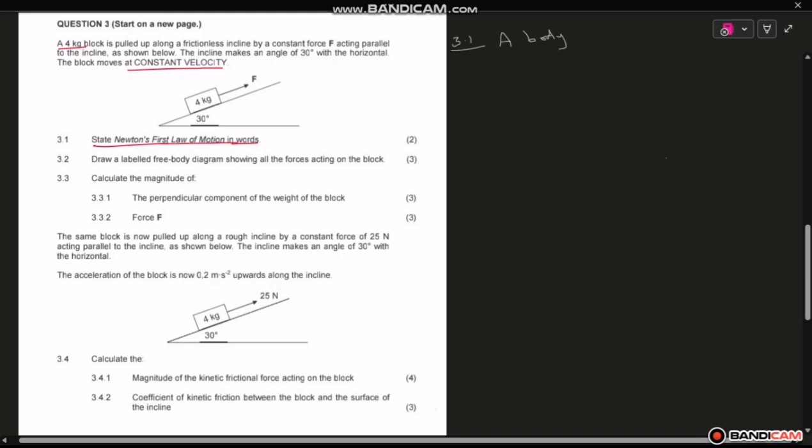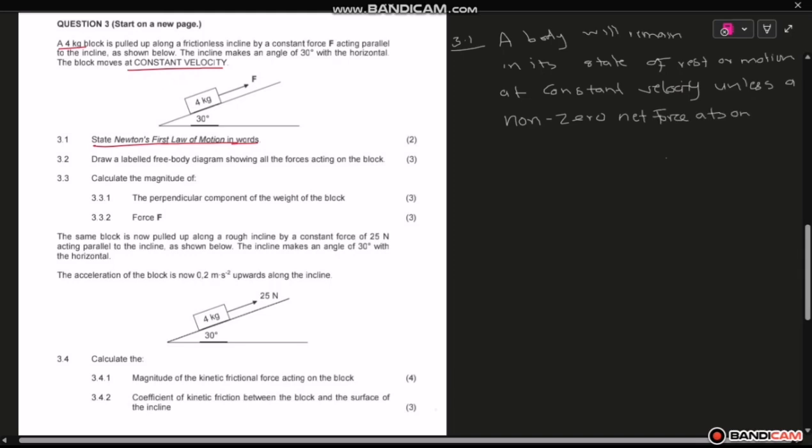A body will remain in its state of rest or motion at constant velocity unless a non-zero resultant, or you can say net force, acts on it. This is how we're defining it.